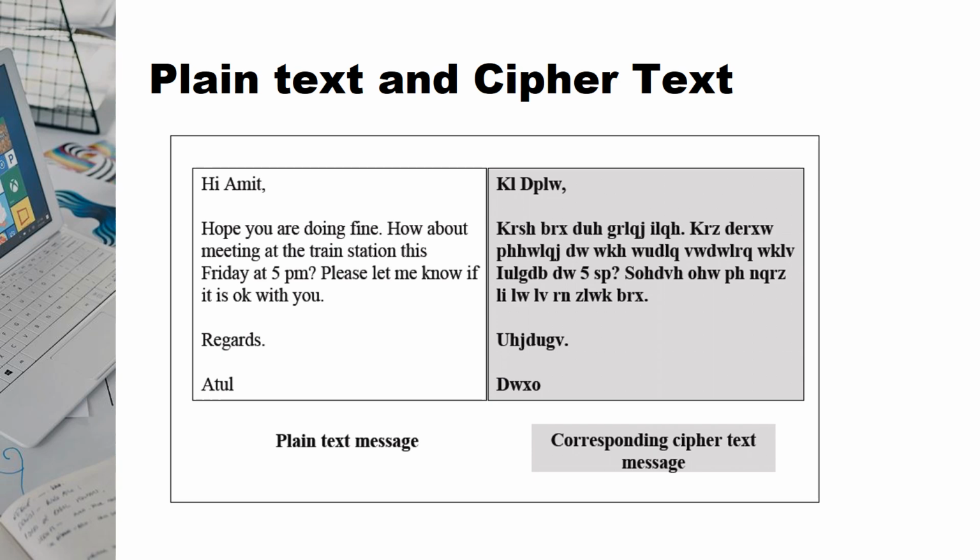This is the plain text message, and you can see that the corresponding ciphertext message looks like a random string of characters that is completely meaningless to someone without the decryption key. To see its meaning, you need to make use of a decryption key so that you can read the message labeled plain text message.